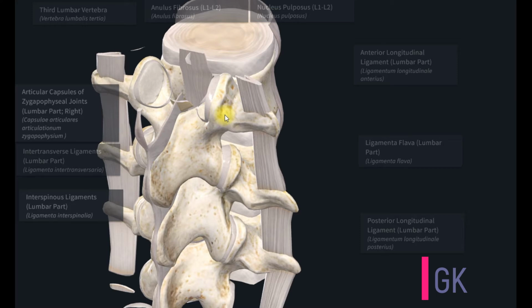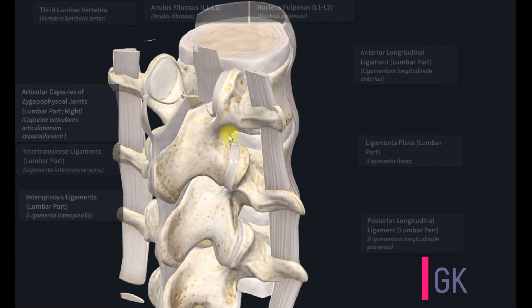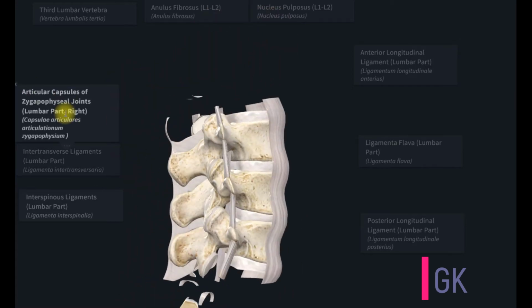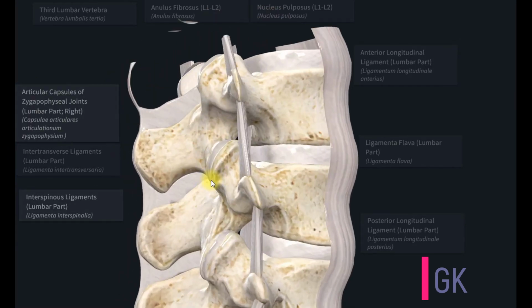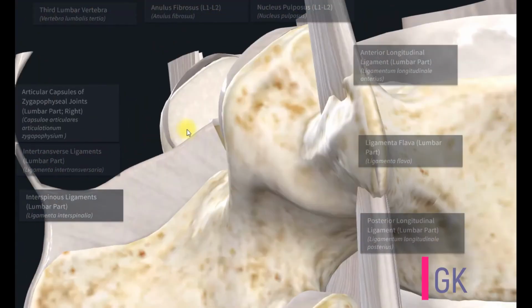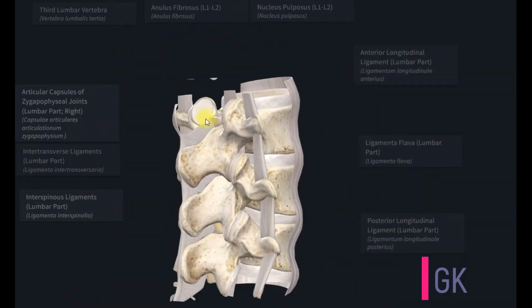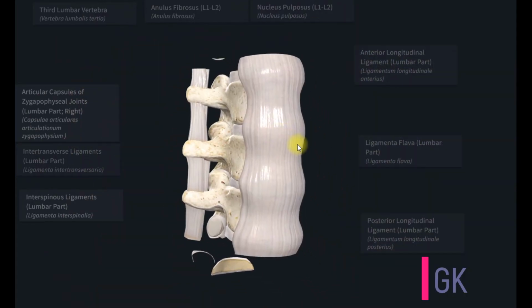It also works together with neighboring ligaments, which make it stronger, and with the tough capsule of this joint. Sometimes inside this joint appears a meniscoid-like structure which works as a receptor of the distance between the two articular surfaces.